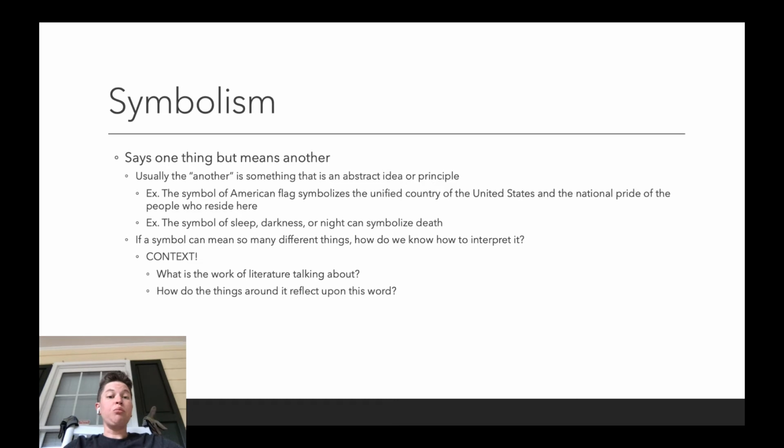Now, another symbol that you would typically see in literature is the symbol of sleep or darkness or night, right? Each of these things can also symbolize death. If you want to think about it like in those funny movies, I think Shrek has an instance of this.